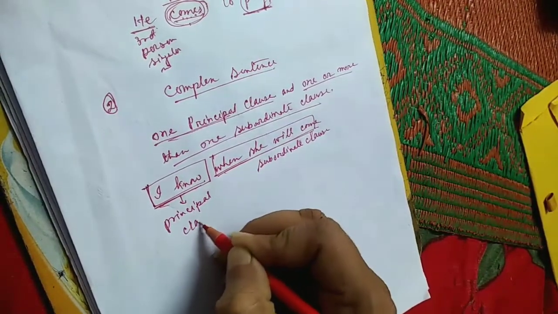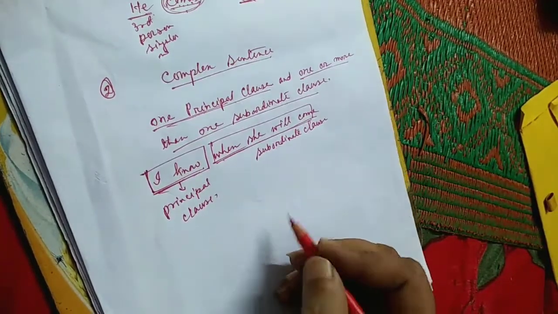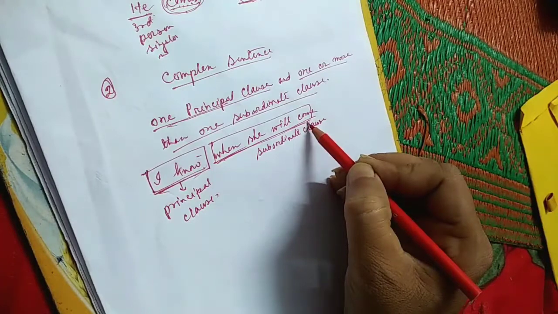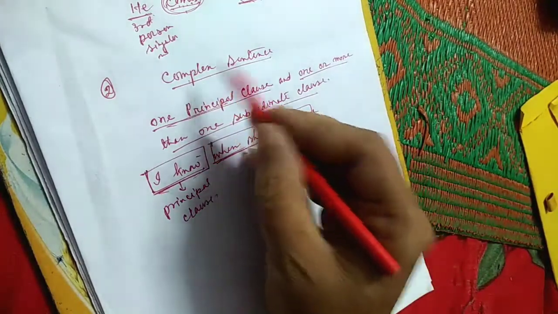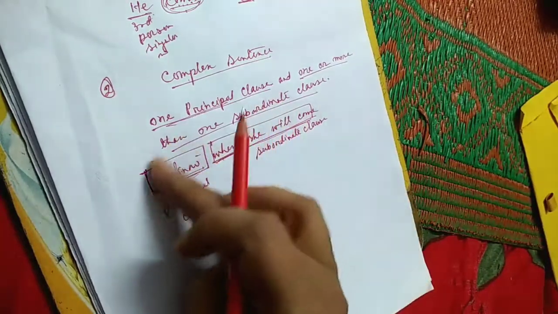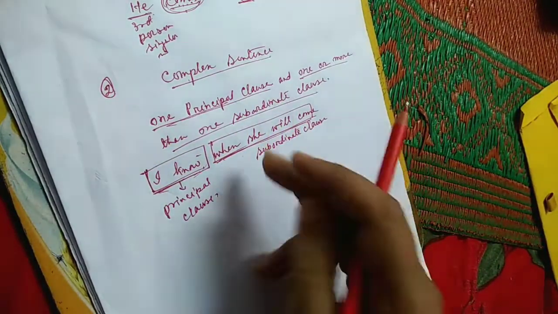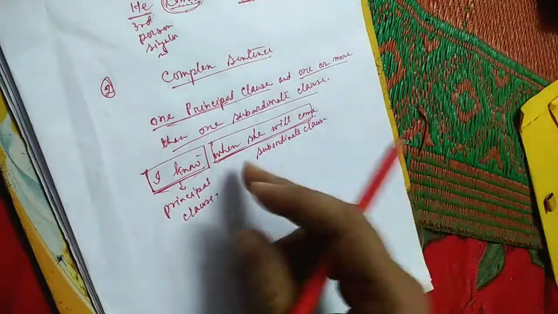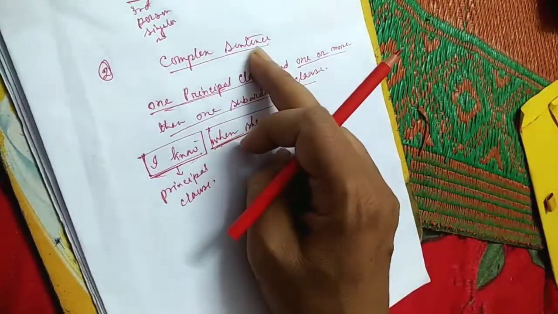So here one principal clause and one subordinate clause. It is a complex sentence. Principal clause must be one, but subordinate clauses may be one or more than one: 2, 3, 4. That is a complex sentence.